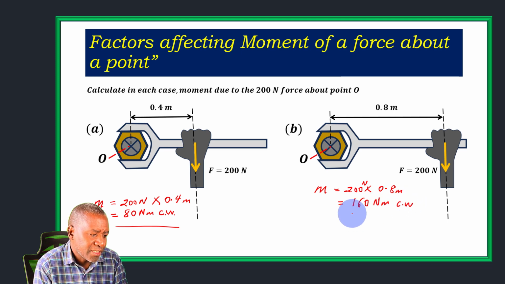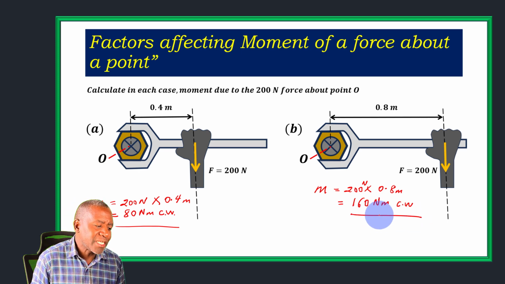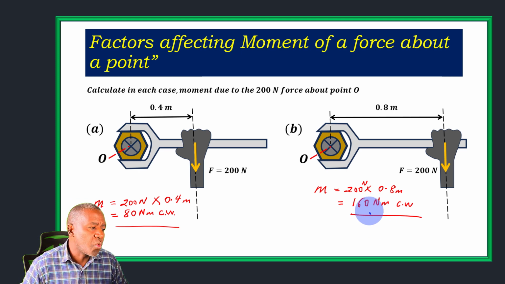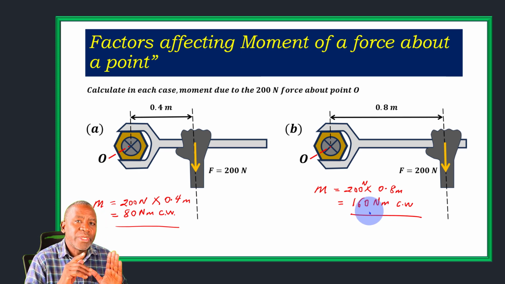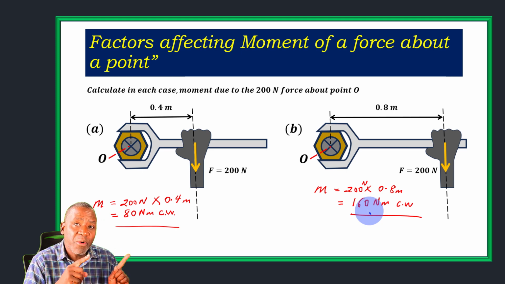Observe that the moment has increased. Now, why has it increased? What changes have we made to increase the moment? That is what should tell us which factor is affecting the magnitude of the moment.